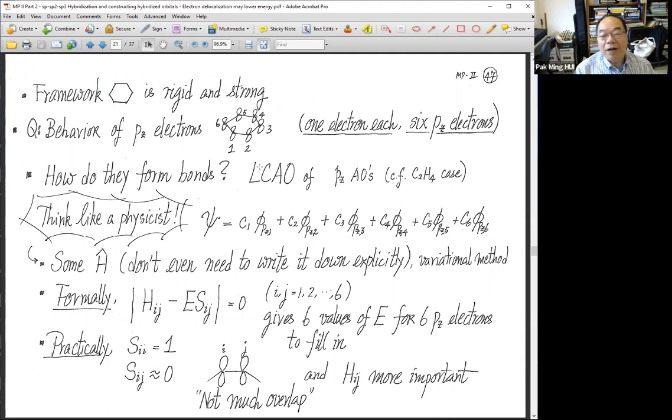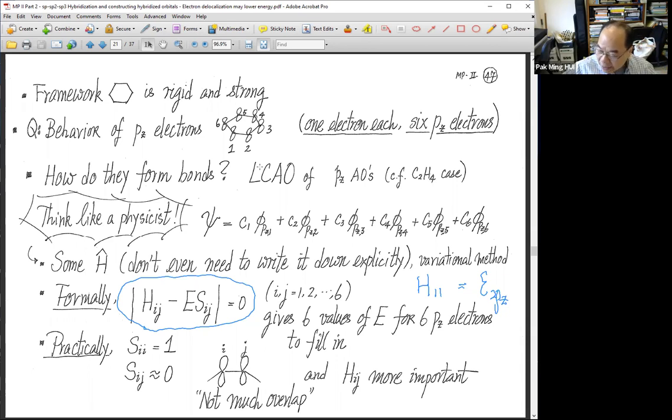So the next step is we want to write down this problem without doing any calculation. We start thinking. Diagonally, the diagonal element H11, for example, should be the energy of the 2pz state, because the atomic energy will dominate the diagonal Hii element.